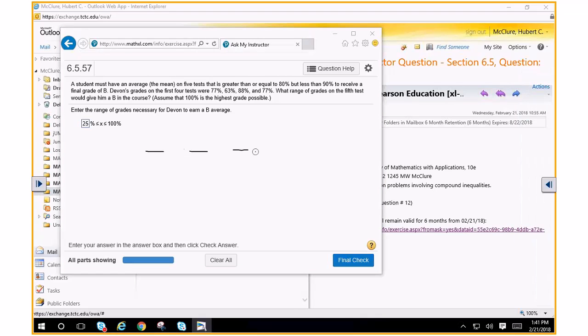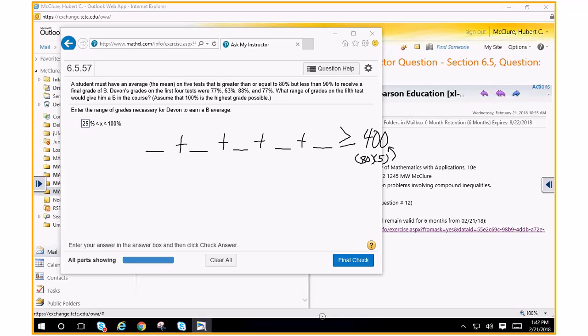One, two, three, 4, 5. And instead of dividing, we're going to multiply 80 times 5. It's 400 points, right? So it's got to be greater than or equal to 400. Now the 400 comes from 80 times what? 5 tests. That's where that comes from.